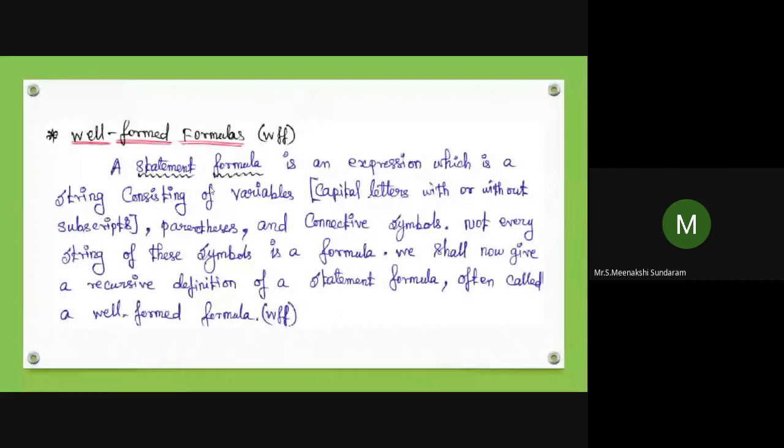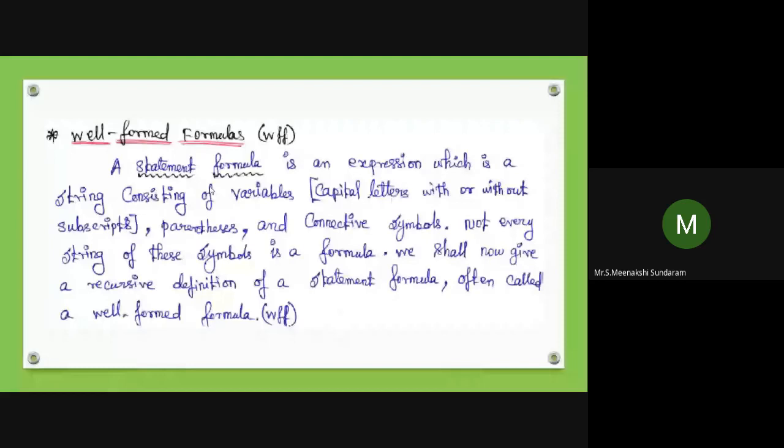Not every string of these symbols is a formula. We shall now give a recursive definition of a statement formula, often called a well-formed formula. Well-ordered sets we sometimes study, and for functions we study a well-defined function, which checks whether it is a function or not. Same like that, we can check a well-formed formula.